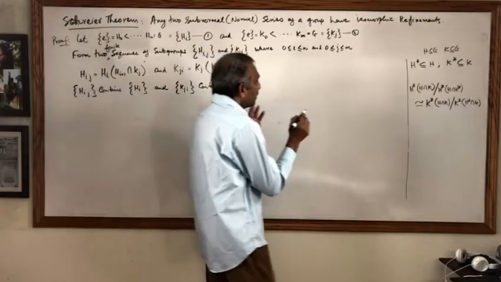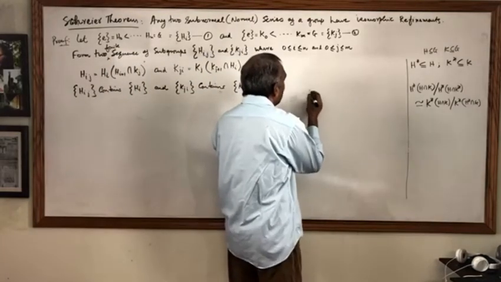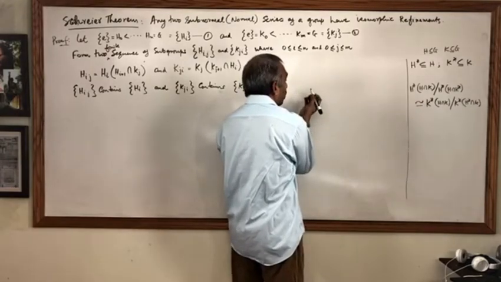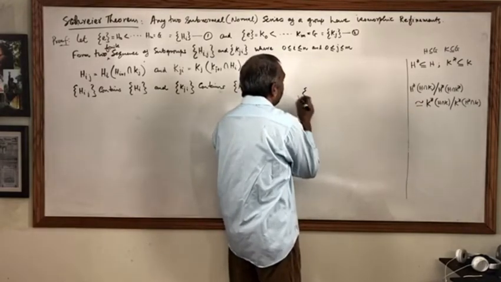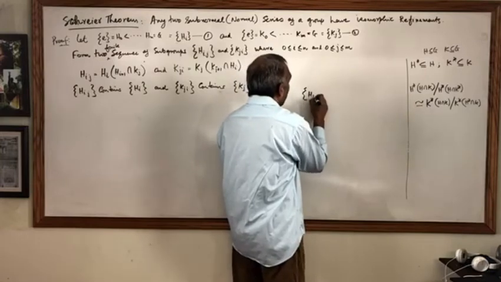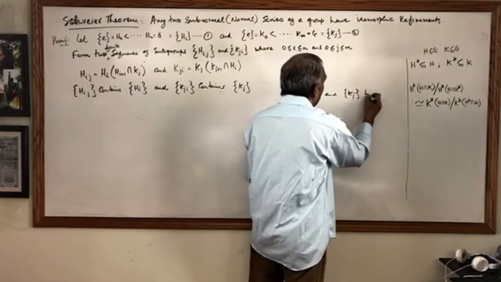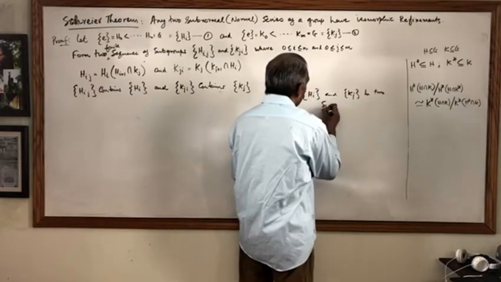See, what is our isomorphic refinement or isomorphic subnormal series or normal series? Let us say Hi and Kj be two subnormal series.